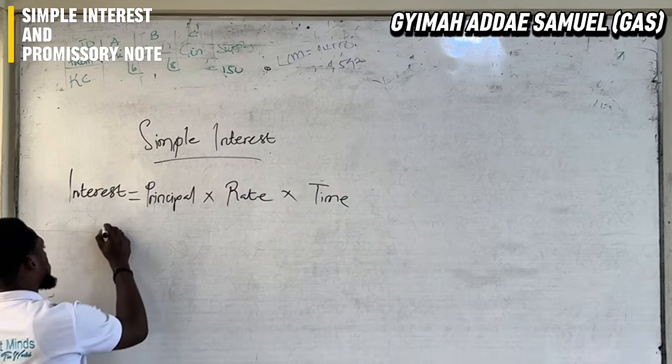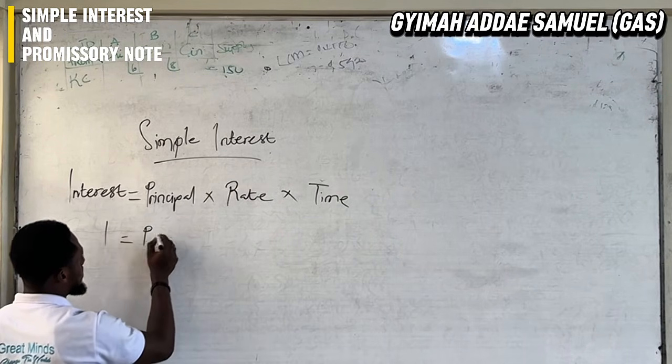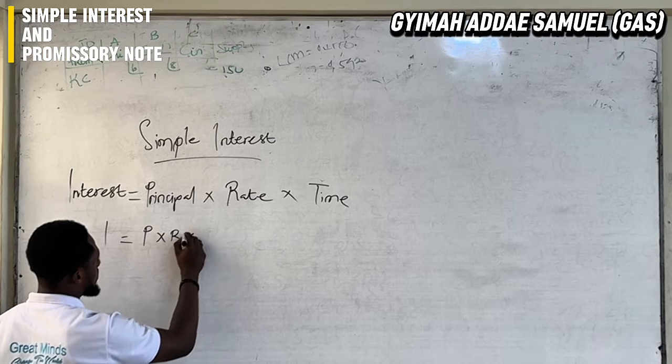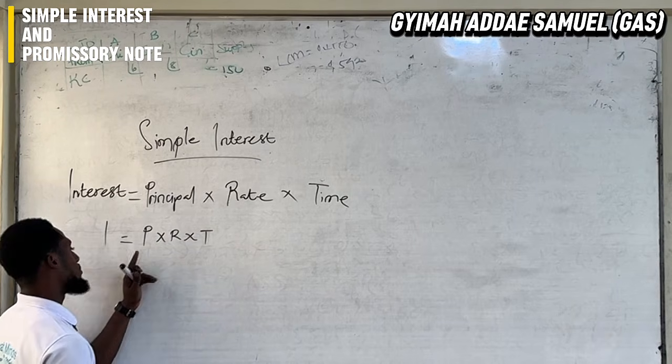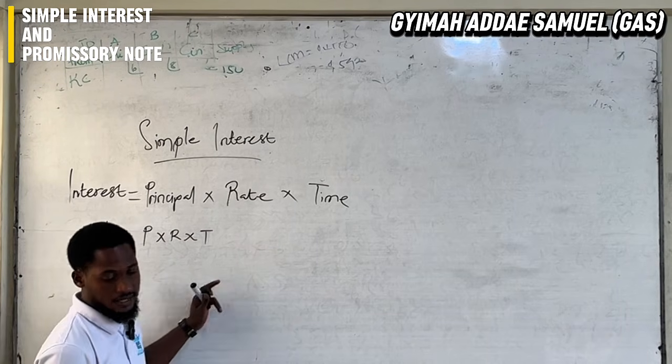In short, we can write I equals P times R times T, which is the principal, the rate, and the time.